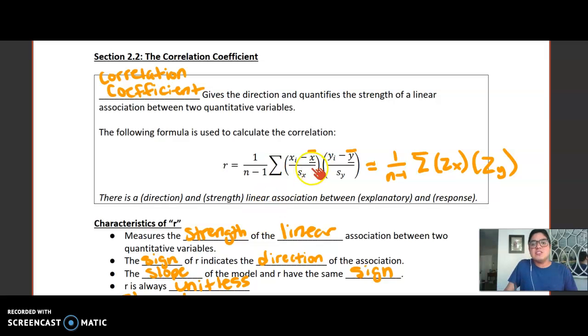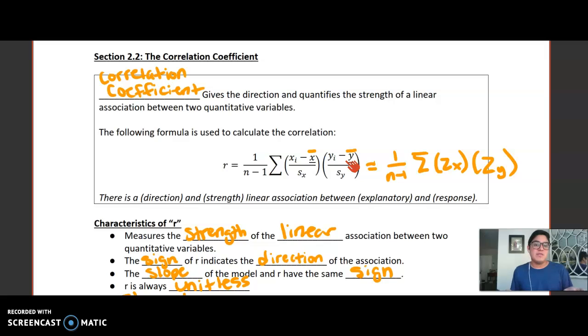So notice that this is just the z-score of x, or the explanatory variable, and this is the z-score of the y variable. And what's important here is notice that it's going to pass through both the average of the explanatory variable and the average of the response variable. So this r formula is really 1 over n minus 1 times the sums of the product of the z-scores for both of our variables here.